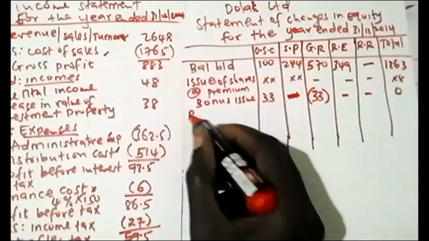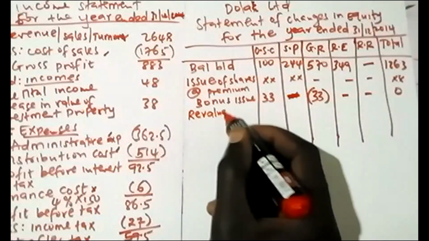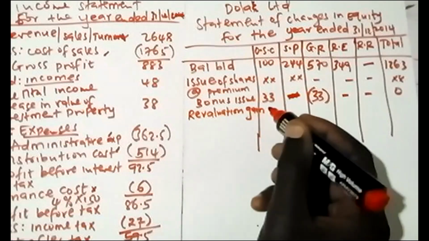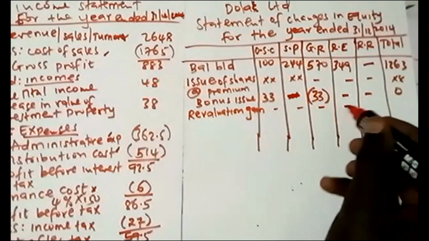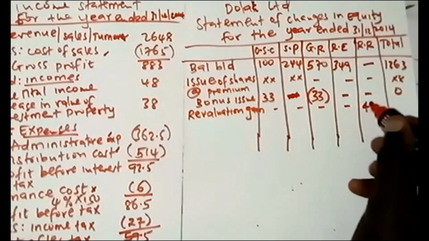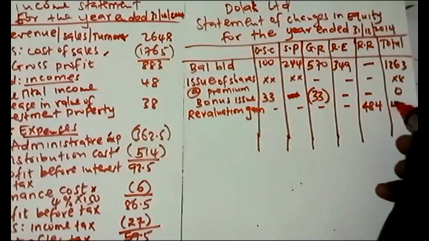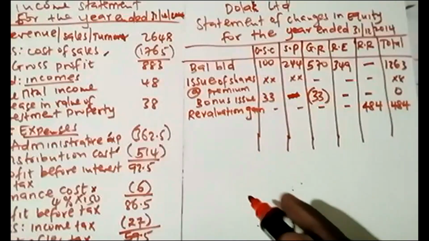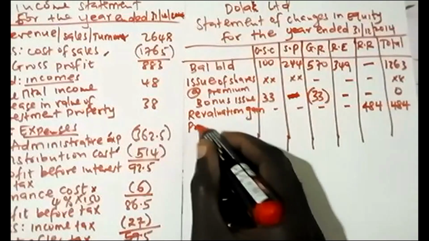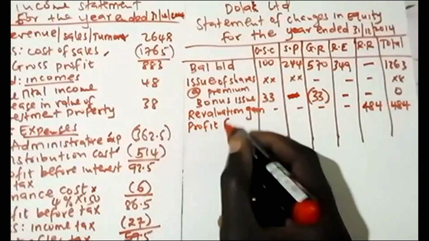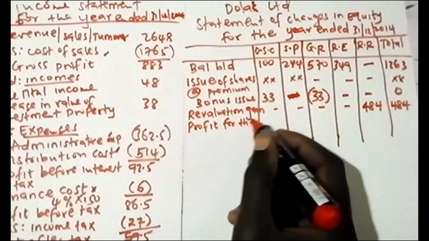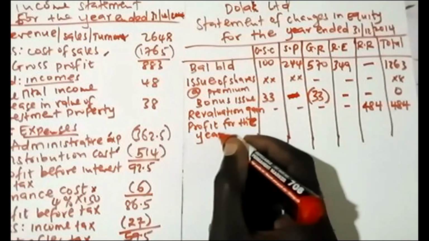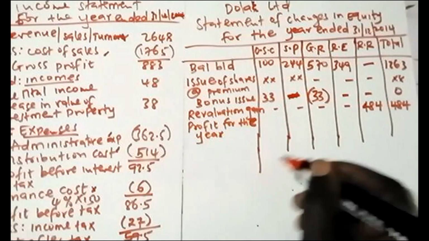Next, we recognize the revaluation gain of land and building, so it goes to the revaluation reserve. I remember very well, it was 484. After that, you record the profit for the year.